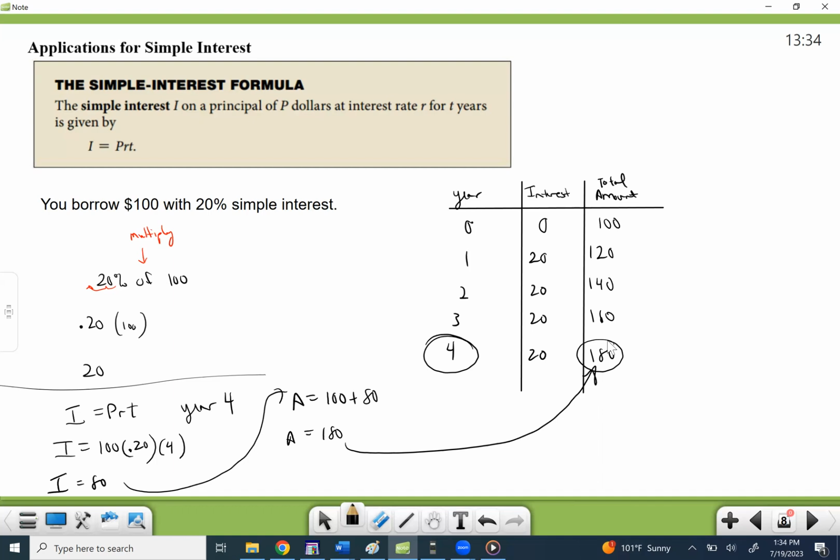It gives them more money. So simple interest is very hard to find, but here it is. The formula is I equals PRT. This P, principal, just means the original amount borrowed or the original amount received, the original amount loaned or borrowed.